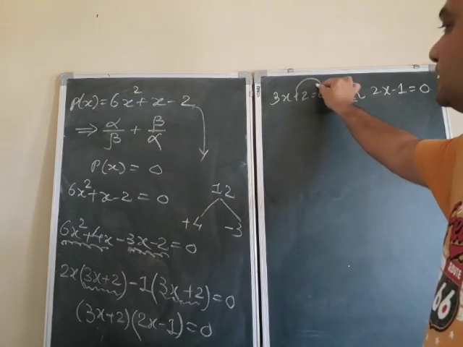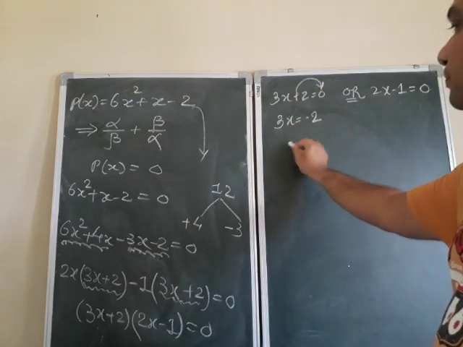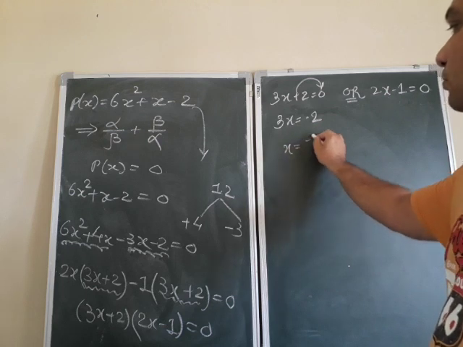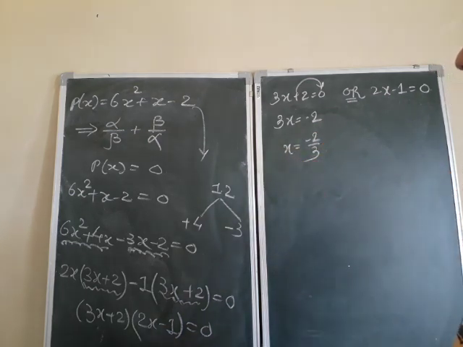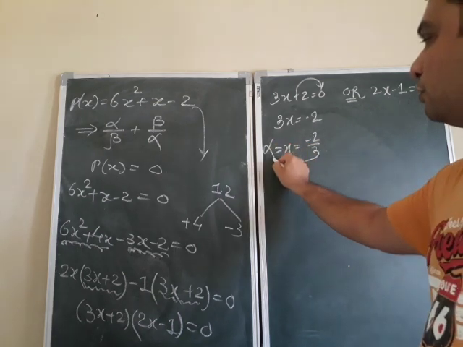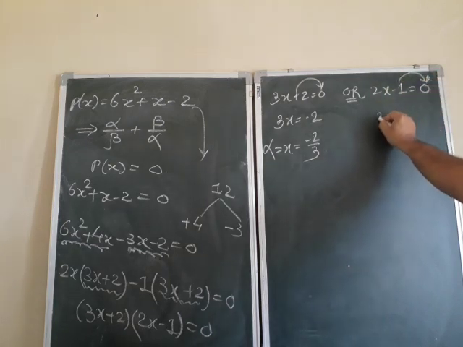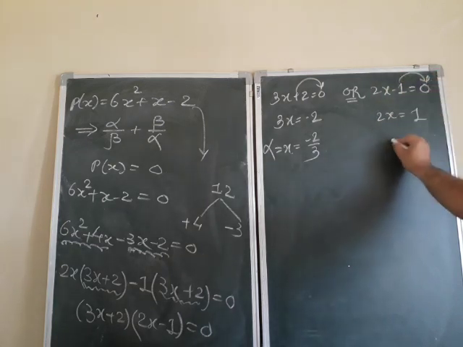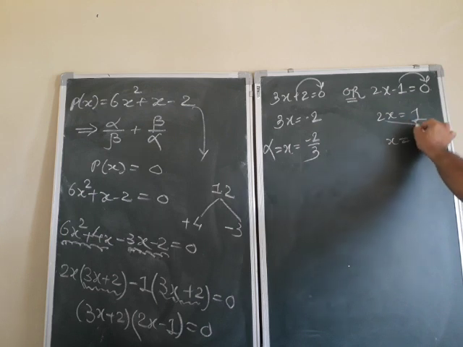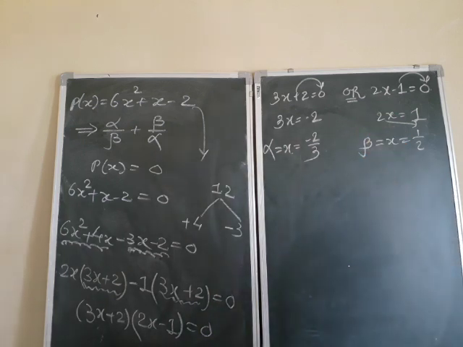Now plus 2 on this side, so 3x is equal to minus 2 and x is equal to minus 2 by 3. Okay. See, this is one root, and this root you can call alpha. And see, minus 1 is here, so 2x is equal to 1. So x is equal to 1 by 2. This 2 on this side, so it's 1 by 2. And this root you can call beta.